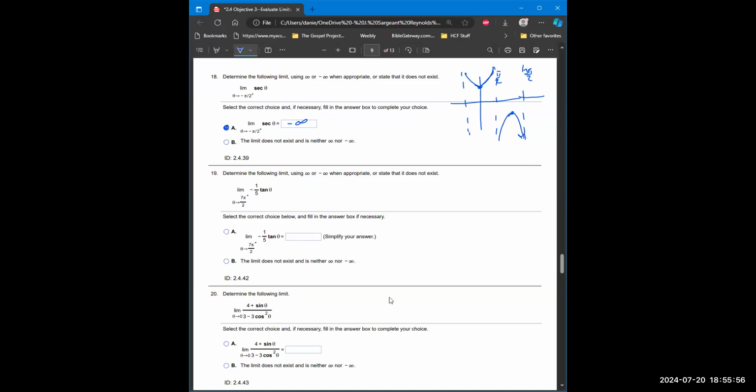Negative pi over 2 from the right, sorry. Negative pi over 2 over here from the right here. Negative pi over 2 from the right is going to positive infinity.